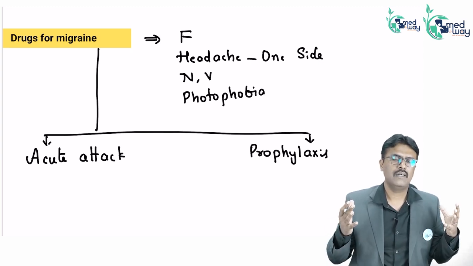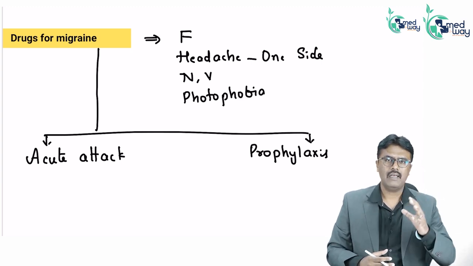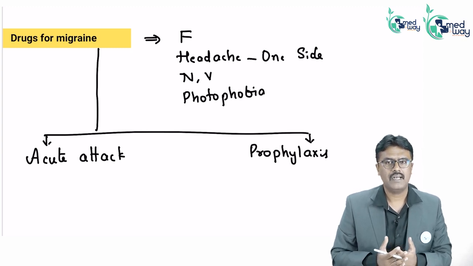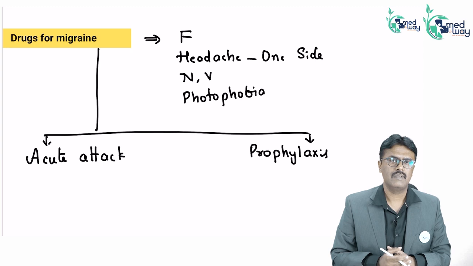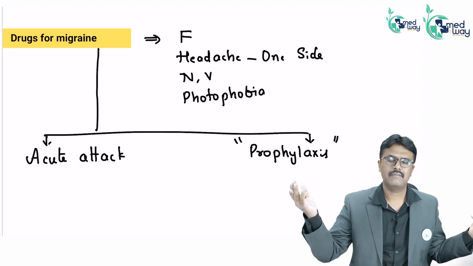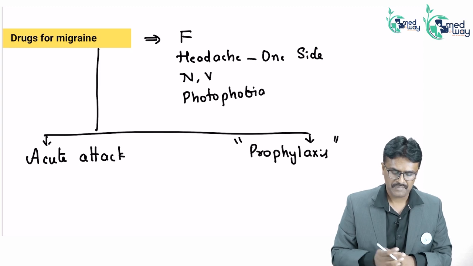I don't want the patient to get the attack of migraine again and again, because migraine headache is one of the incapacitating headaches. The patient has to stay indoors at home. He cannot talk to anyone. He cannot do the work. So it is better to take prophylaxis and then live the life. That means improve the quality of life.